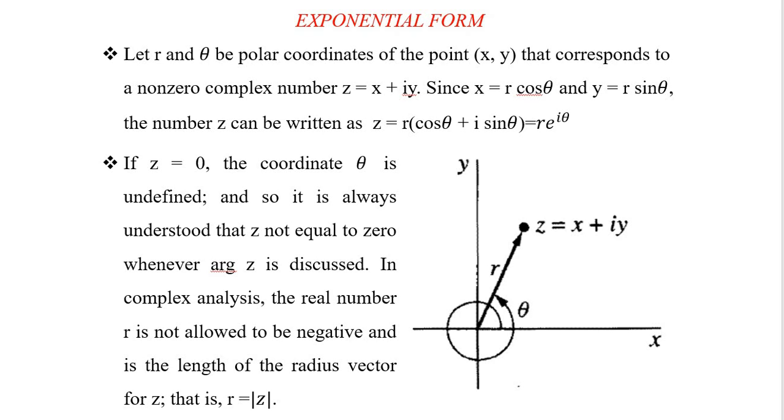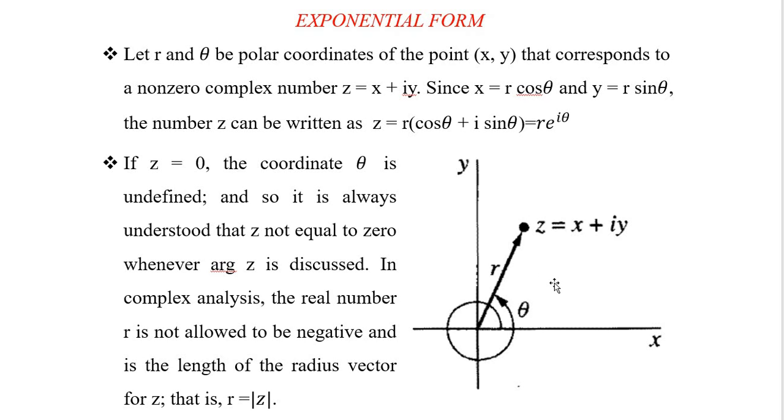The given angle is theta. Therefore, using the trigonometric formula, cos theta equals adjacent side by hypotenuse, so cos theta equals x by r. From this equation, we get x equal to r cos theta.